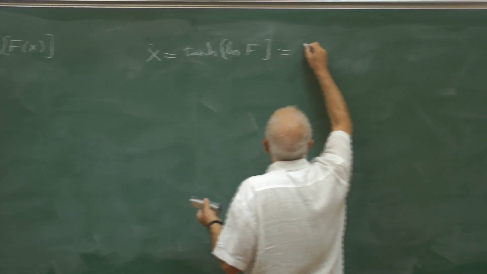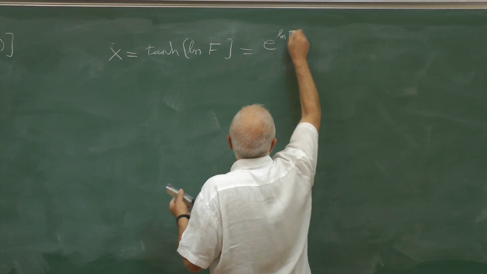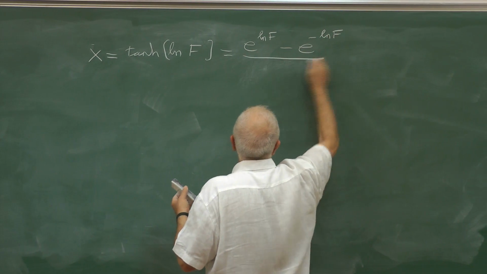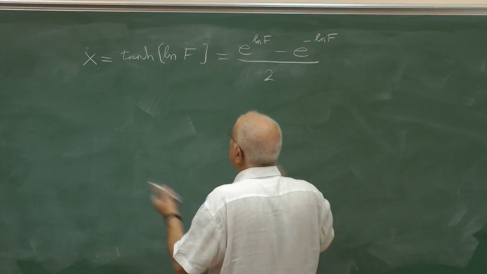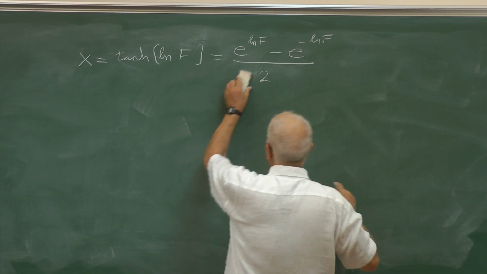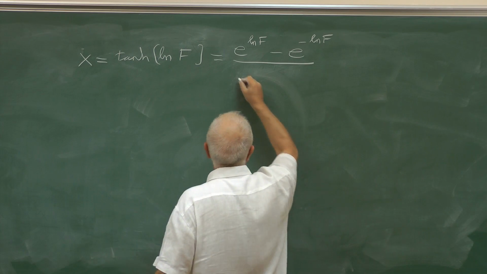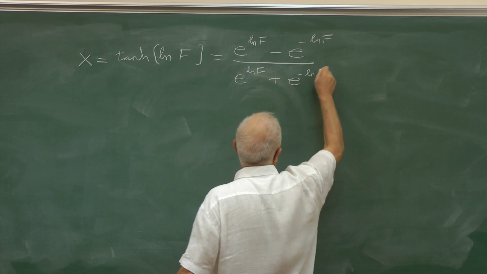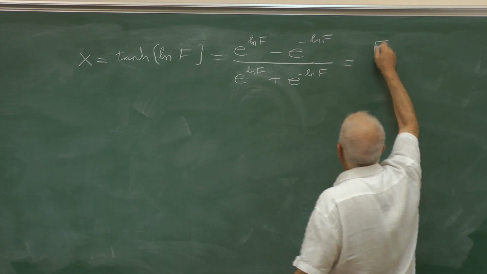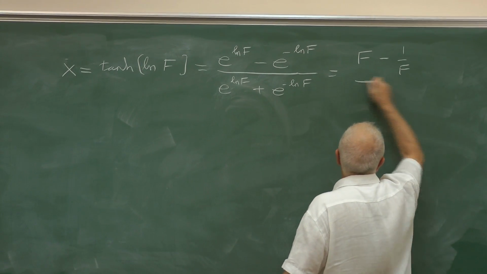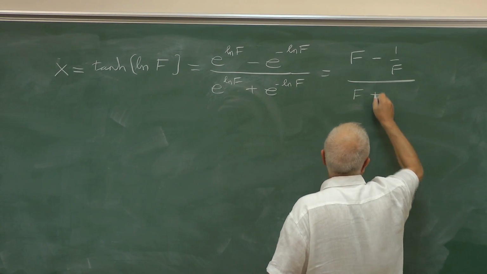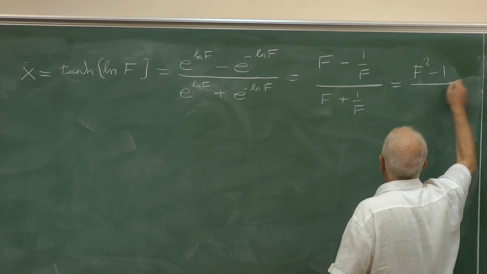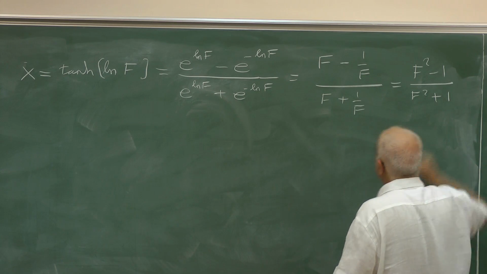It is sinh over cosh: e to the ln f minus e to the minus ln f divided by 2. But if I divide by cosh, that will have a 2 upstairs. It will be e to the ln f plus e to the minus ln f. So this is f minus 1 over f divided by f plus 1 over f, or simply f squared minus 1 divided by f squared plus 1.